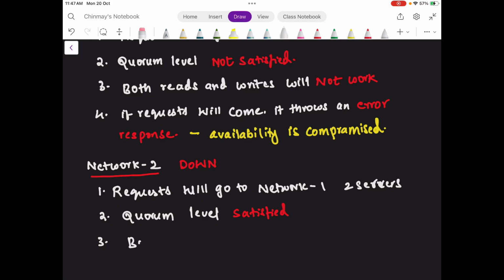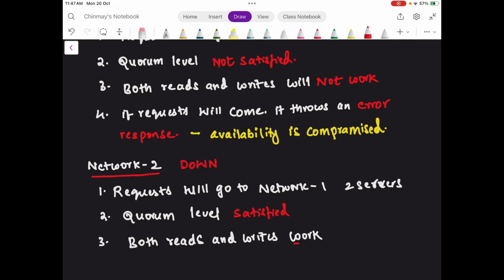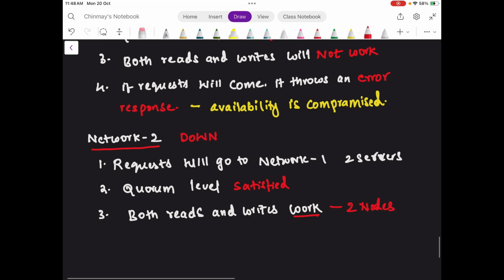Now both reads and writes work, because we have 2 nodes available and it satisfies the quorum level. So in this case we have both consistency and availability.